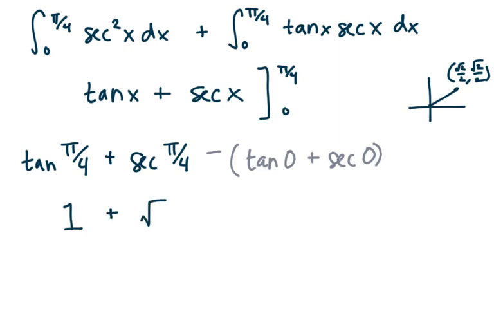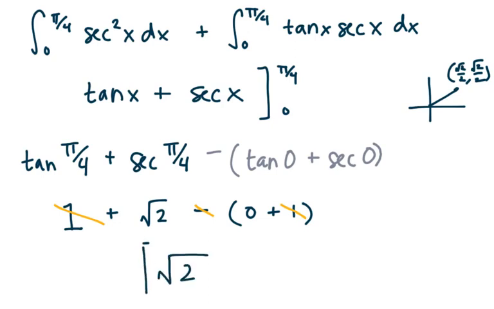We'll simplify to just square root of 2. Tangent at 0 is 0, and secant at 0 is 1. You'll notice that 1 minus this 1 go away, and the value of my definite integral here is equal to square root of 2 exactly.